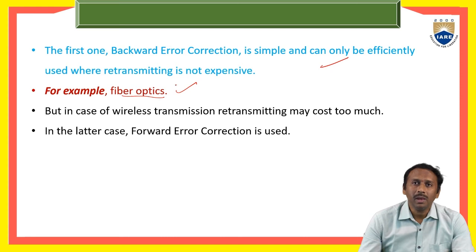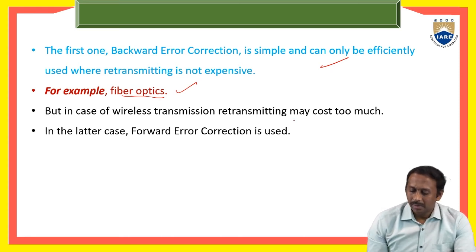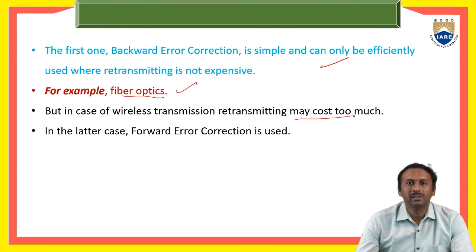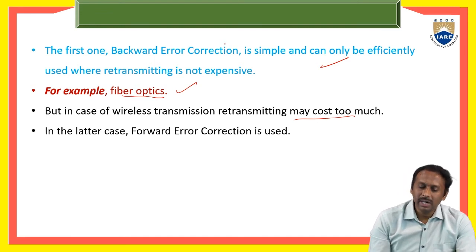But in the case of wireless transmission, transmitting may cost too much. We know the cost and maintenance is very high when we execute fiber optic cable. In such scenarios, data transmission is expensive, so we cannot execute backward error correction.